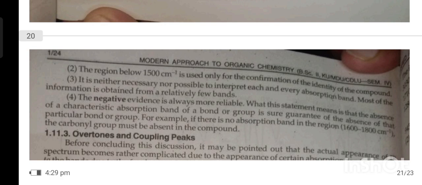Most of the information is obtained from relatively few bands. Fourth, the negative evidence is always more reliable. What this means is that the absence of a characteristic absorption band of a bond or a group is sure guarantee of the absence of that particular bond or group. For example, if there is no absorption band in the region 1600 to 1800 centimeter inverse, the carbonyl group must not be present in the compound.